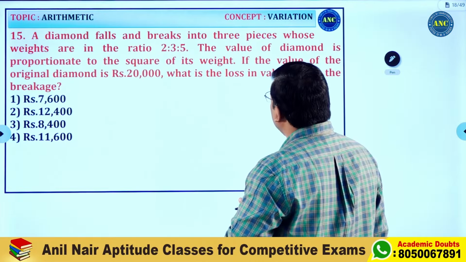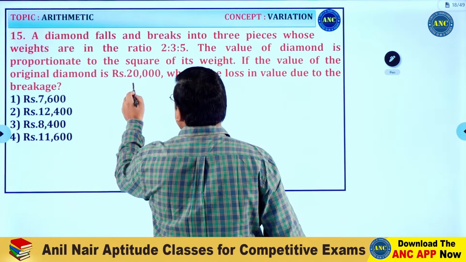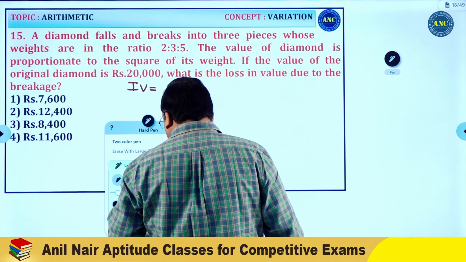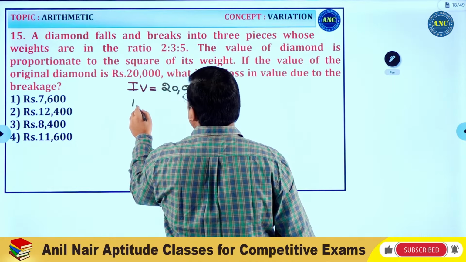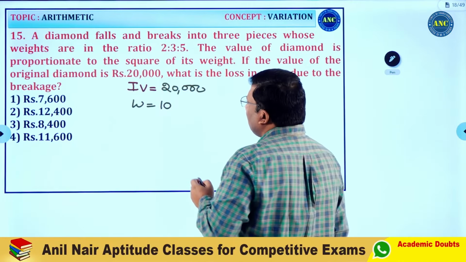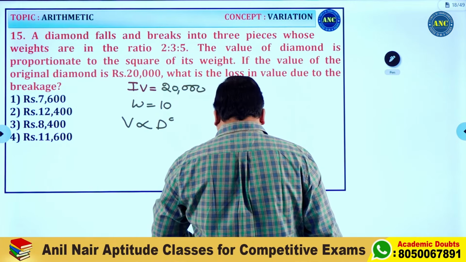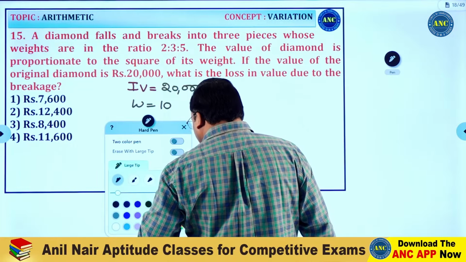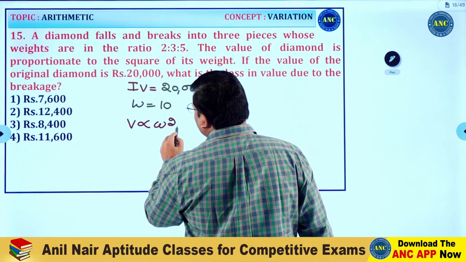A diamond falls and breaks into 3 pieces in the ratio 2:3:5. The initial value of the diamond is 20,000. Let me call the initial weight 10. The value of the diamond is proportional to the square of its weight.